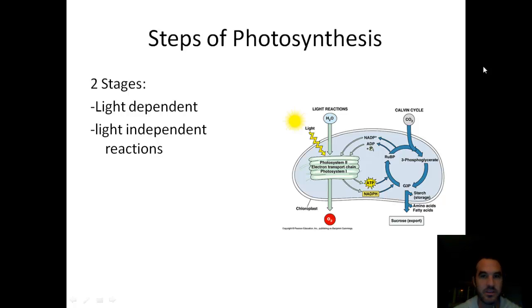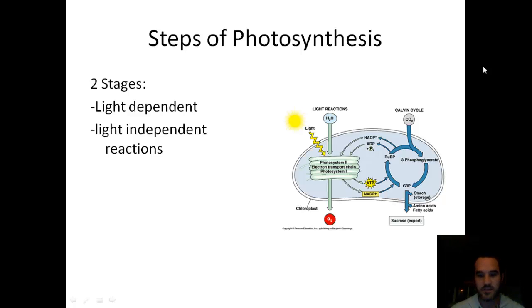It has a separate stage of reactions that it can run. And that allows it to be a little bit more flexible as far as daylight and nighttime. And also, if it's shaded for a few days for some reason, the plant could still live and it could still run photosynthesis until it runs out of the products that it created from the light reactions.